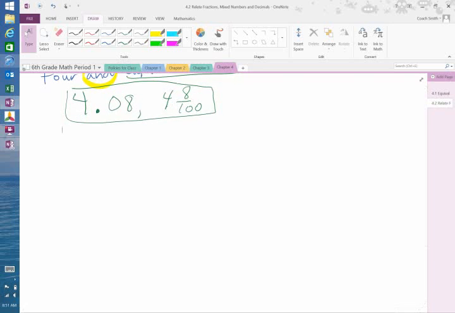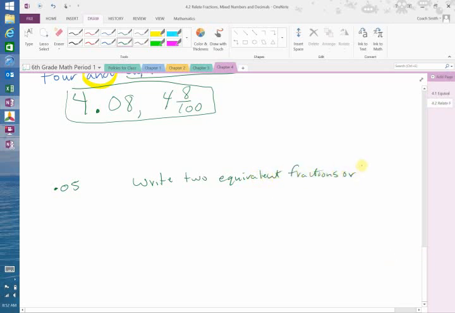the last thing .05, and they want us to write two equivalent fractions or mixed numbers for that.